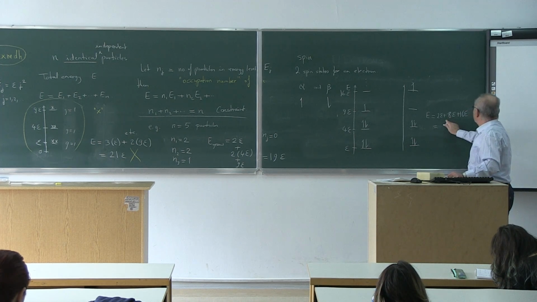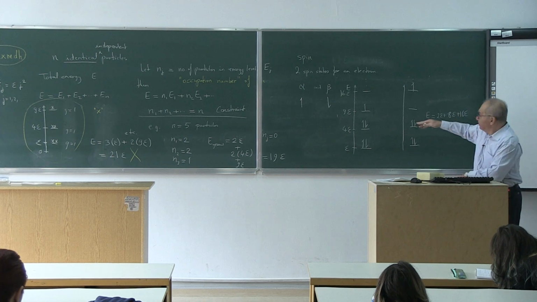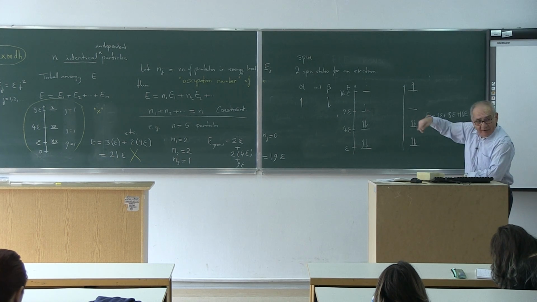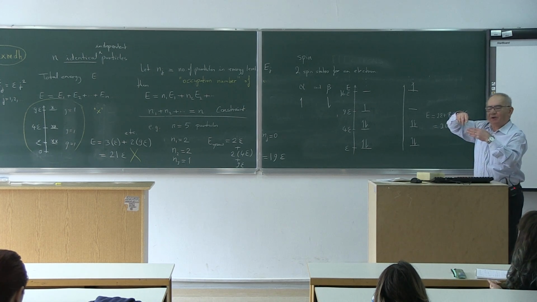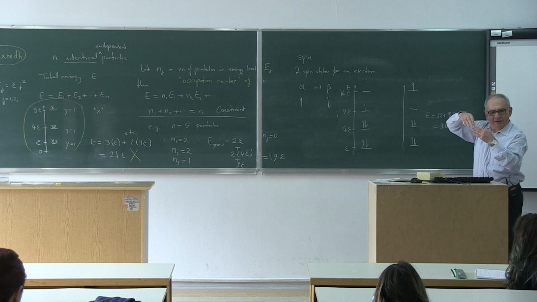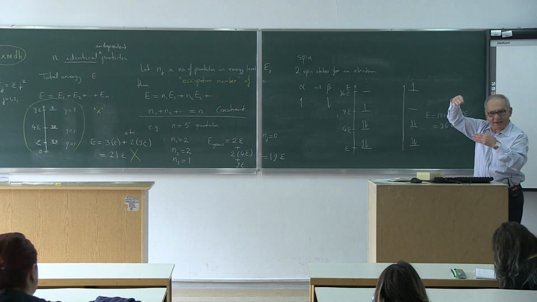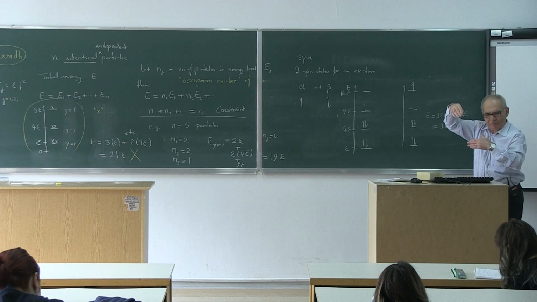This will give 10 plus 16, 26 eps. So this diagram is showing you one possibility for the excited state, which is near to the ground level.